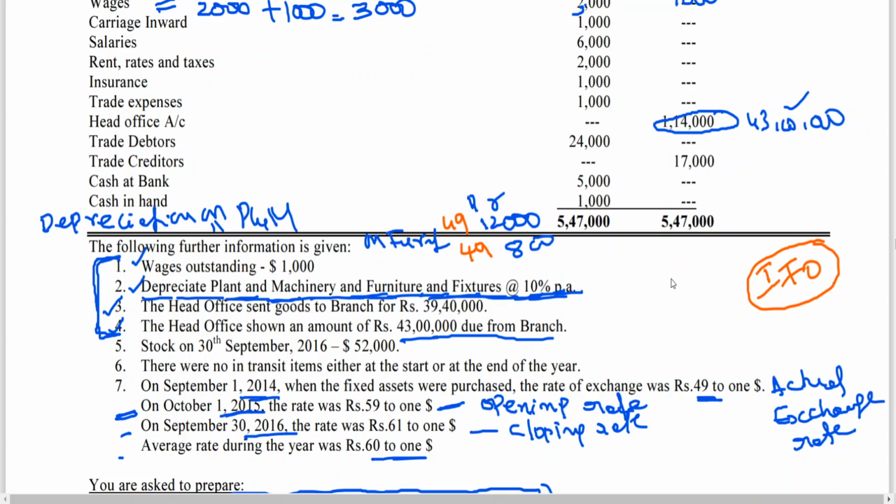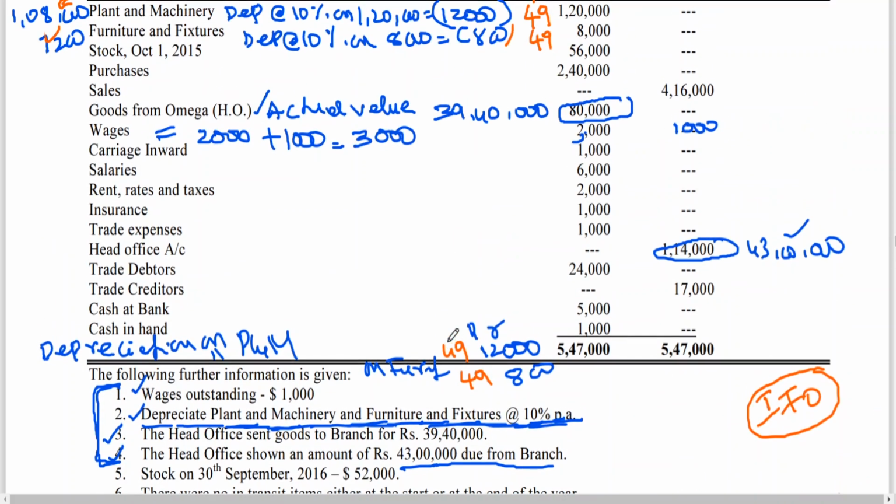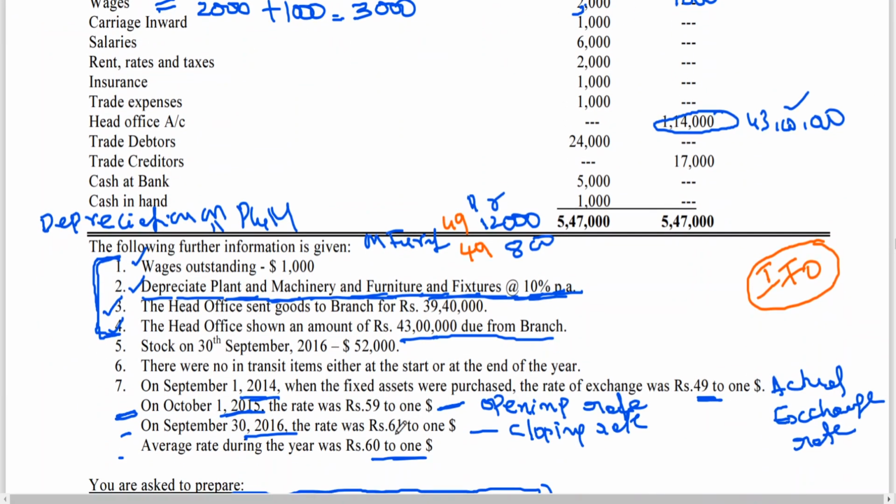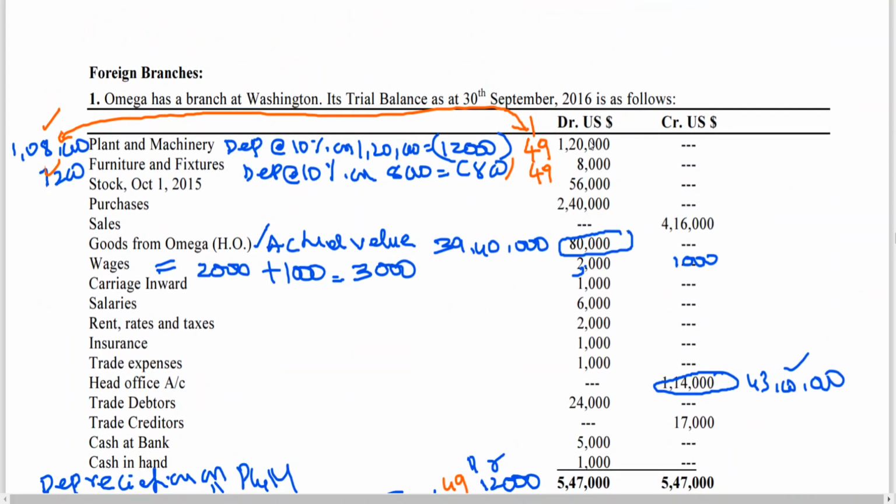We got actual exchange rate for purchase of assets, but we don't have it for purchase of goods. Therefore, for purchase of goods, average rate. What is the average rate, sir? Here, you can see how much has been given. 60 rupees per dollar. Is this clear? So here I am taking 60 rupees.